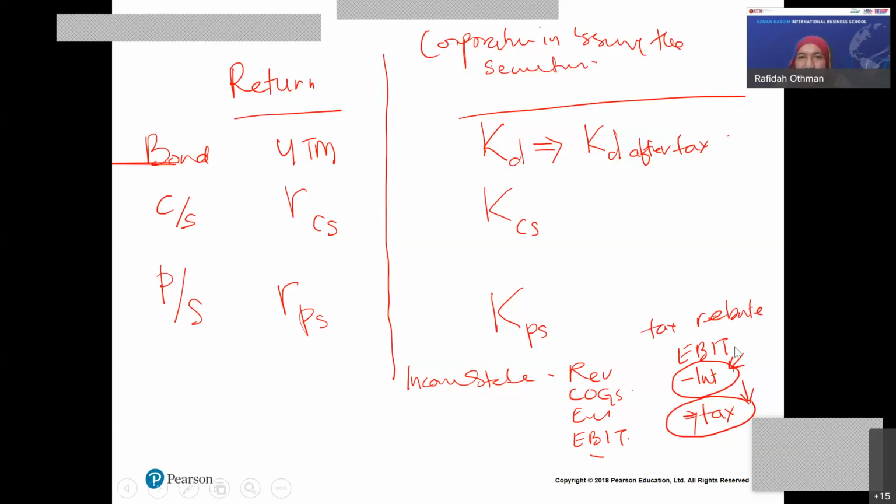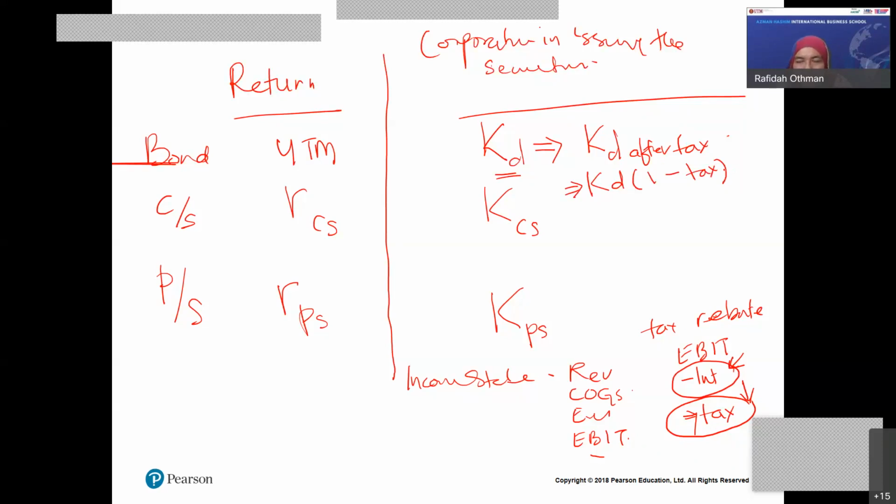That's why, for the corporation, the cost of issuing debt is lower after considering the after-tax cost of debt. So we calculate the cost of debt after tax as cost of debt times (1 minus the tax rate).